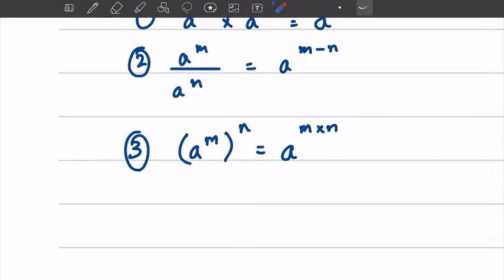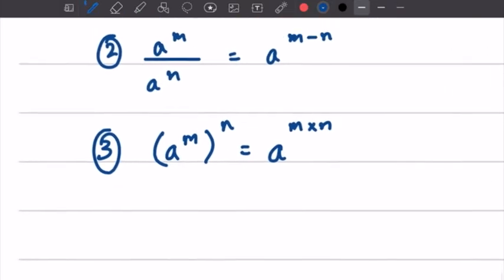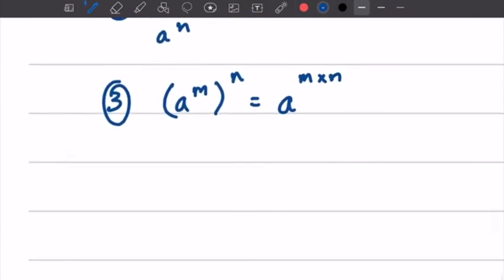You have a number which is something to the power of something, to the whole power of something. So in numbers, this could be 2 to the power of 2, and the whole thing is to the power of 2. All you do is multiply the exponents. An easy way to remember this is to draw an X on the bracket, so it's this times that. That's how I remember it. So you have a to the power of m times n.